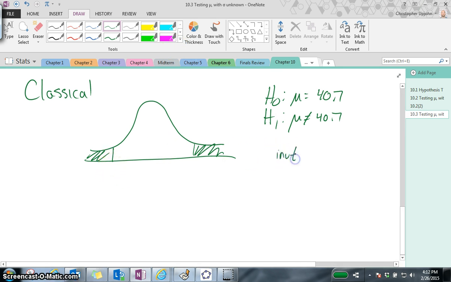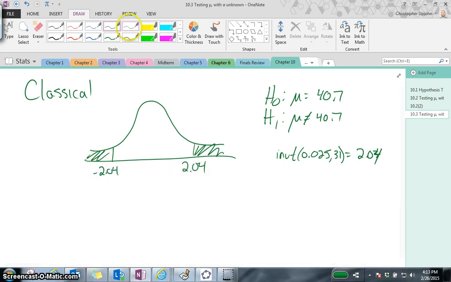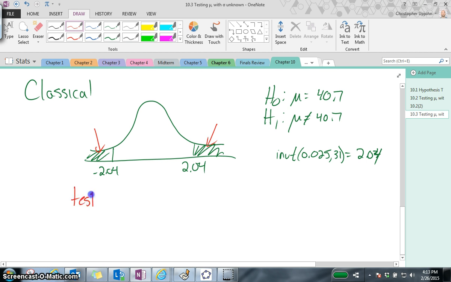We did our inverse t, 0.025, we cut alpha in half, with degrees of freedom 31, and got 2.04. So negative 2.04 and positive 2.04. We don't want our test statistic to fall in either one of those regions. Obviously, our test statistic's only going to fall into one of those.